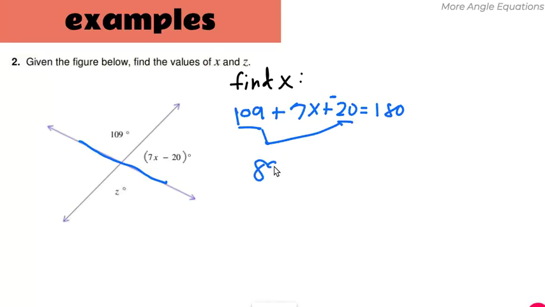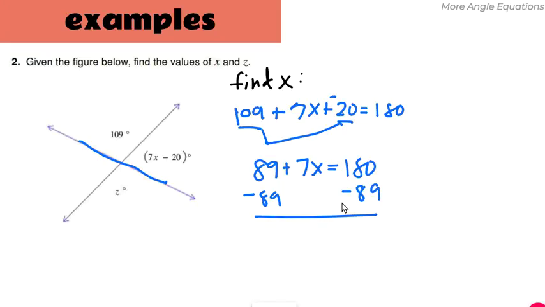We get 89 plus 7x equals 180. So again, keep solving. And I get 7x equals 91. Oops. Divide each side by 7. And I get x equals 13.